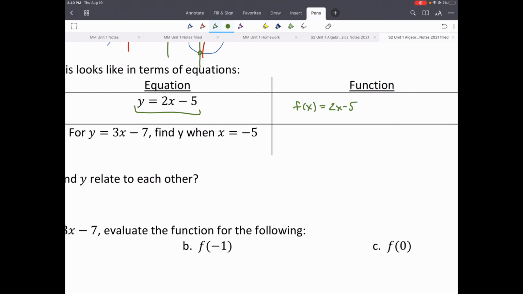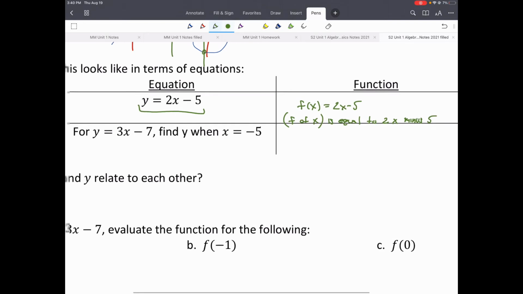And the wording on how we say this is f of x is equal to 2x minus 5, something like that. So this wording here, we say it f of x, all right? So you may say, why do we even do that? Okay, well, let's do one more example too.